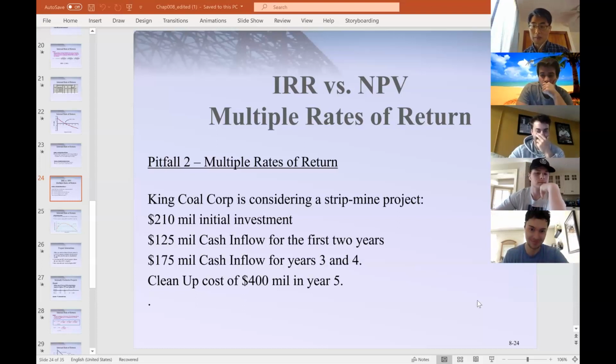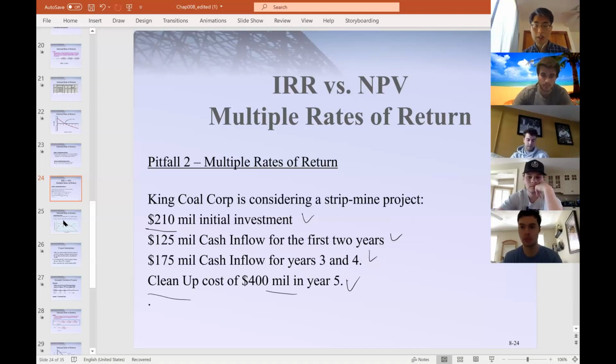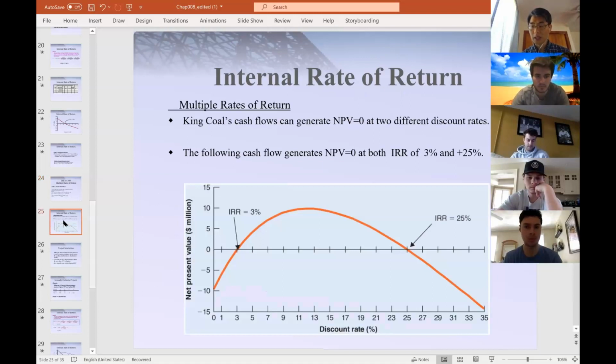This is a really typical mining project. In this project, there is an initial cash outflow. You build the mine, then the mine will produce minerals and ores and generate cash flow. And when the project is over, you have to pay a cleanup cost. So there is an initial cost and a final cleanup cost. Because of this, the relationship between the discount rate and the net present value is not a monotonic inverse relationship anymore.